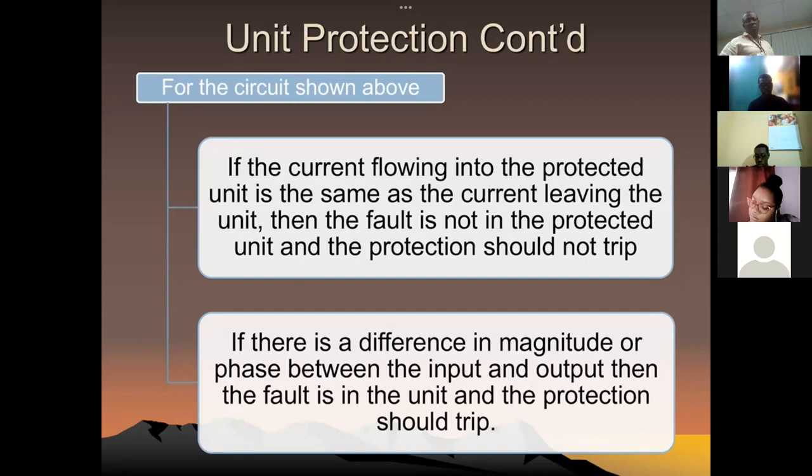And then two, if there's a difference in magnitude or phase between the input and output, then the fault is in the unit and the protection should trip. All right?